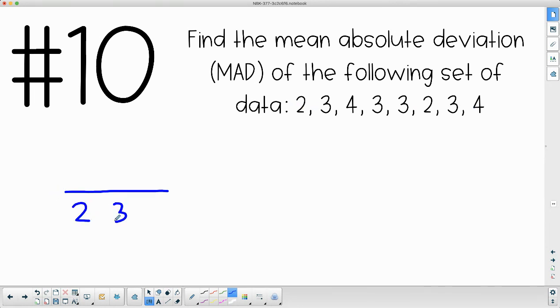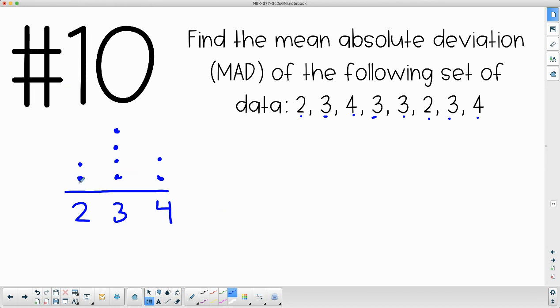So I've got a 2, 3, 4, 3, 3. So I can add 2 of those there. A 2, another 3, and a 4 here.